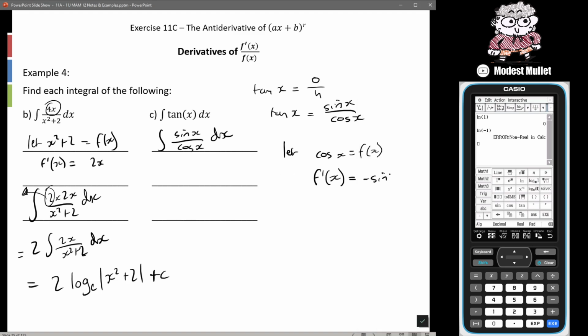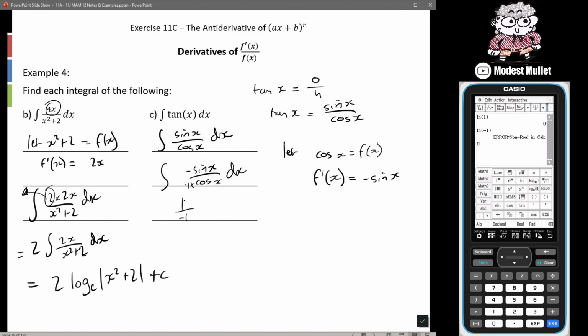We get negative sine x. So I need to make the top negative. So to get negative sine x on the top, well, if I make the top negative, I would then also need a negative 1 there, or I could think about I have to put a negative 1 down there, which again I can take out as a scaling factor.